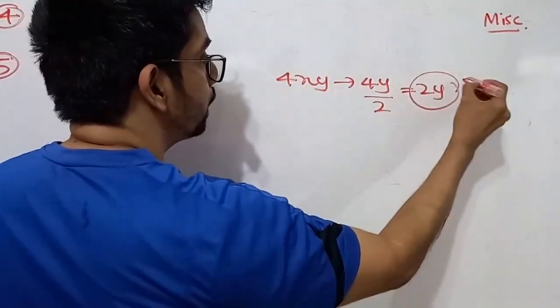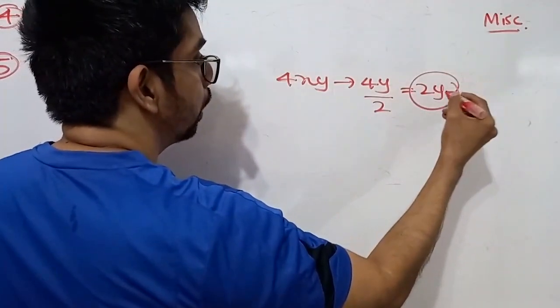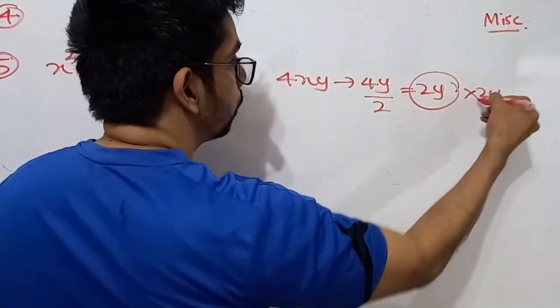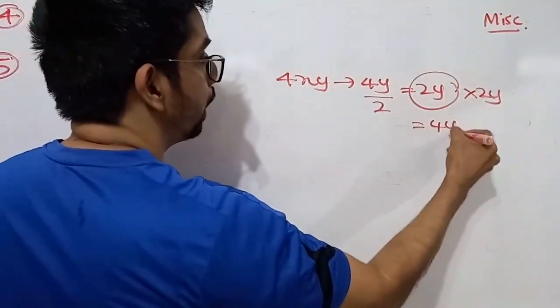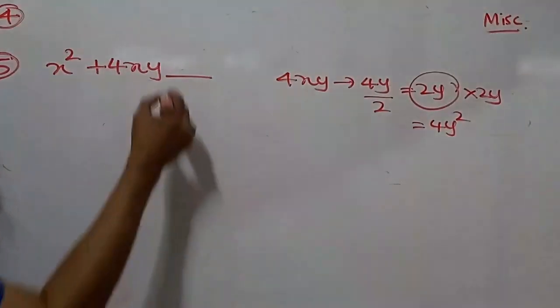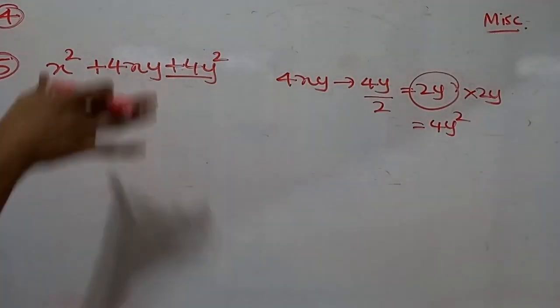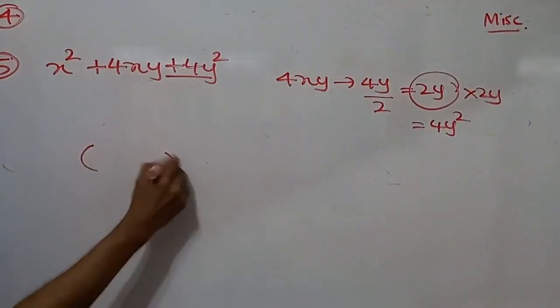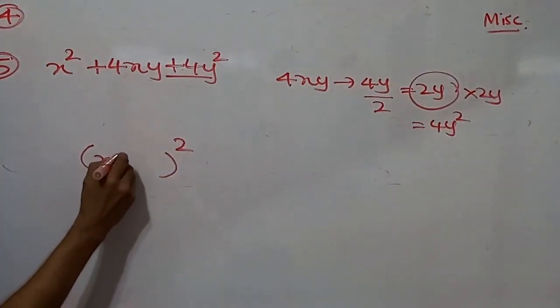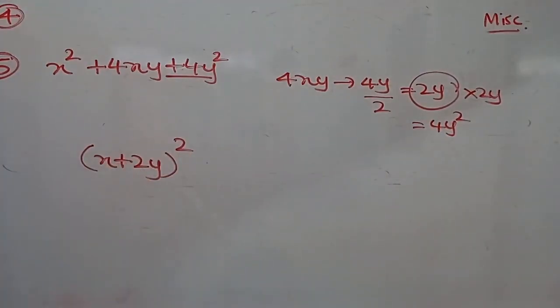Now we have to square this. Right? 2y by 2y. Then what do we get? 4y squared plus 4y squared. Then we need to get the binomial expression. How do we get it? x plus 2y.